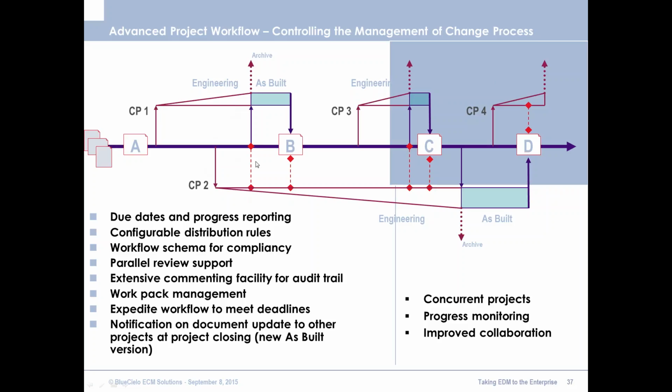So in this period, a drawing could be assigned out to both projects 1 and 2. Here, the same drawings could be assigned out to projects 2 and 3, and then you're also dealing with your engineering phase versus your as-built phase, where the as-built drawings are being generated.